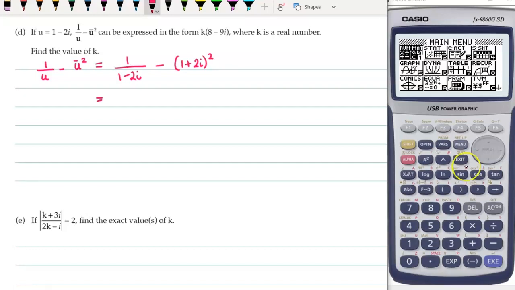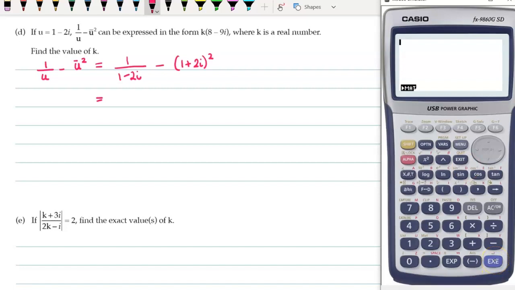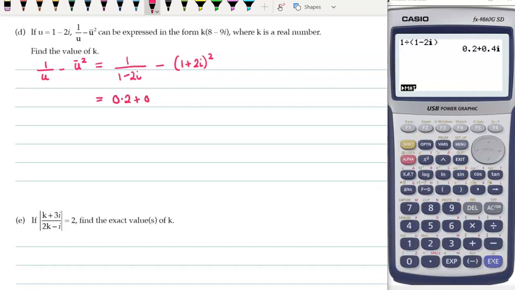So this would be, we're going to have 1 divided by 1 minus 2i. So 0.2 plus 0.4i. 1 plus 2i squared.